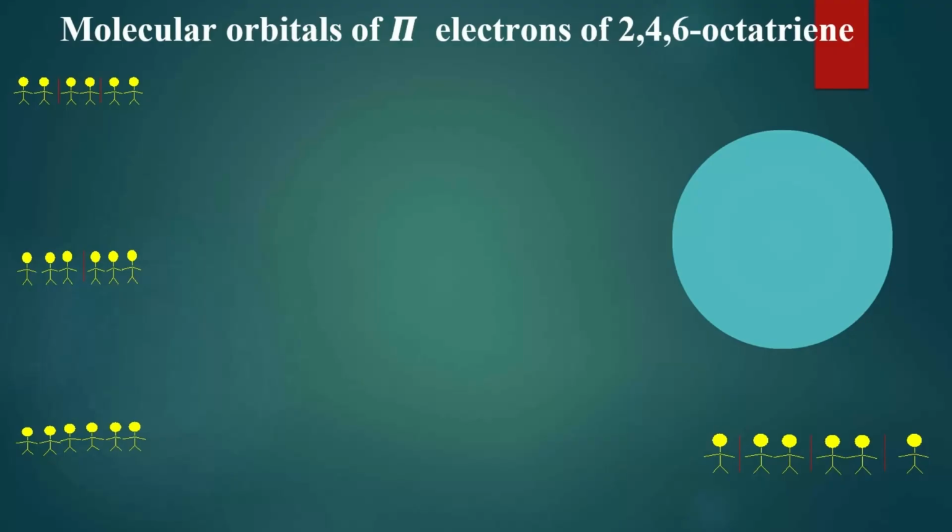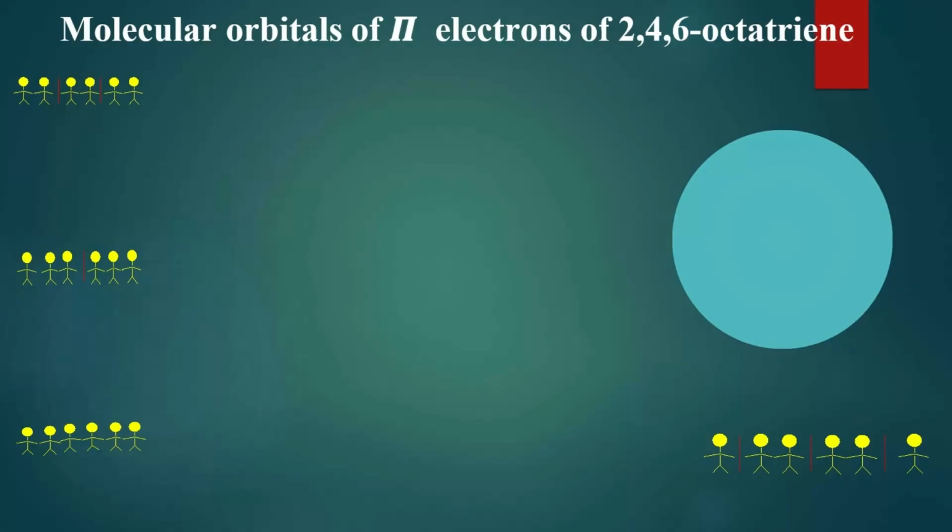We have seen the molecular orbitals of pi electrons of alkene and butadiene. Today's subject of discussion is how to write the molecular orbitals of the pi electrons of 2,4,6-octatriene.